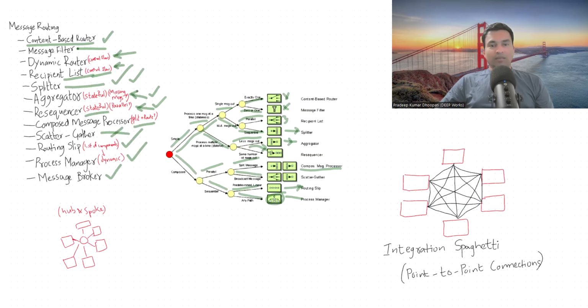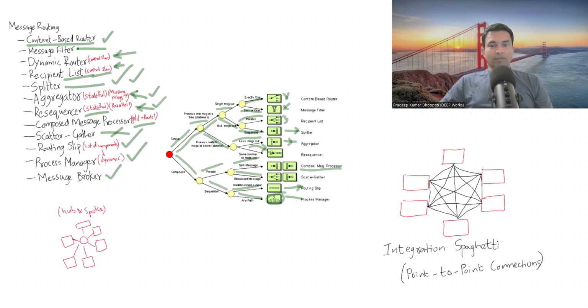And the next message routing pattern is resequencer. If the business demands that you process the messages in the same order they were received, then a resequencer might be useful to resequence all the processed messages, because in aggregator, if you choose to do parallel processing, then you do not have control over the sequence of the flow or sequence of the messages.